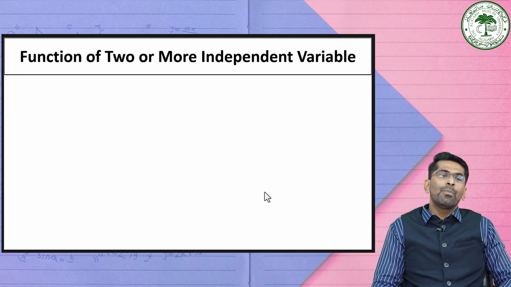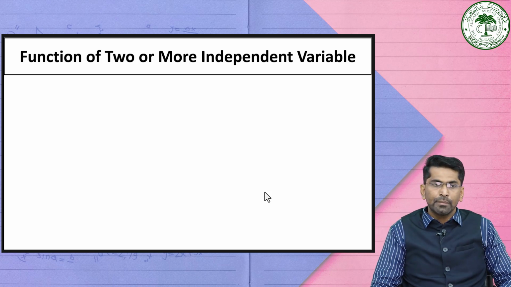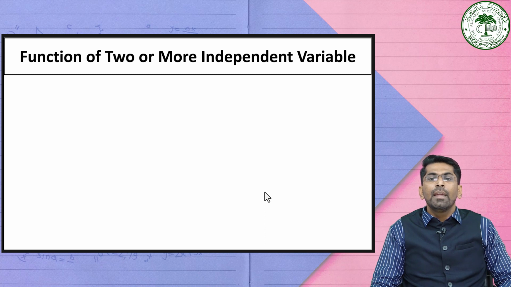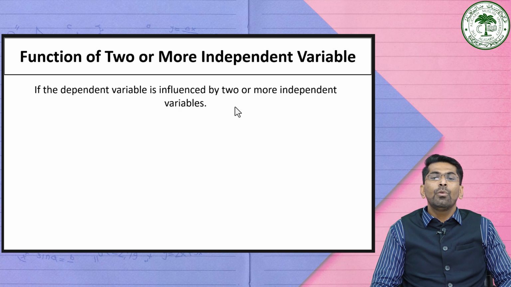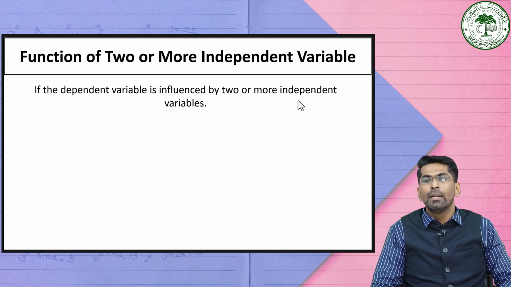Now we have another type of function, which is known as a function of two or more independent variables. If the dependent variable is influenced by two or more independent variables, that means we have more than one independent variable, then the function is known as a function with two or more independent variables.